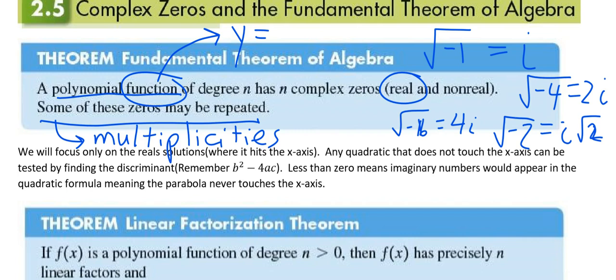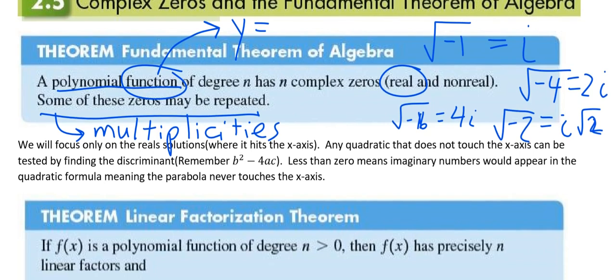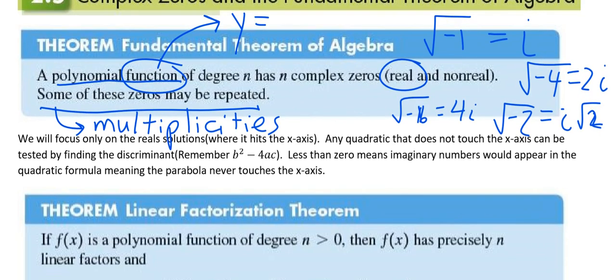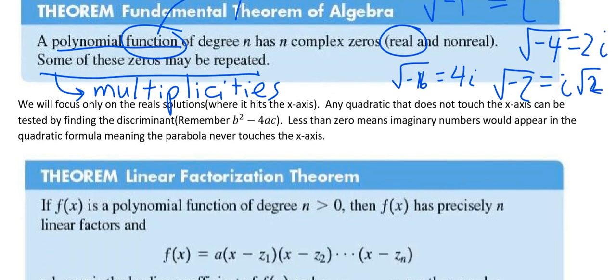Basically, what they're telling me is that if I add up all the zeros with their multiplicities, you have to take into consideration their multiplicities, you get the degree. I mean, that's if I take into account all the reals and the non-reals. We're going to stick with the reals.